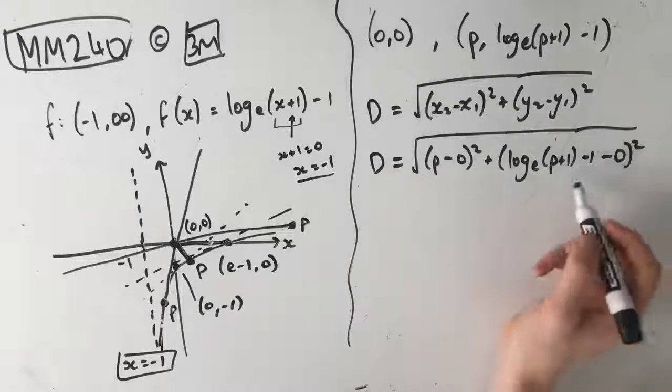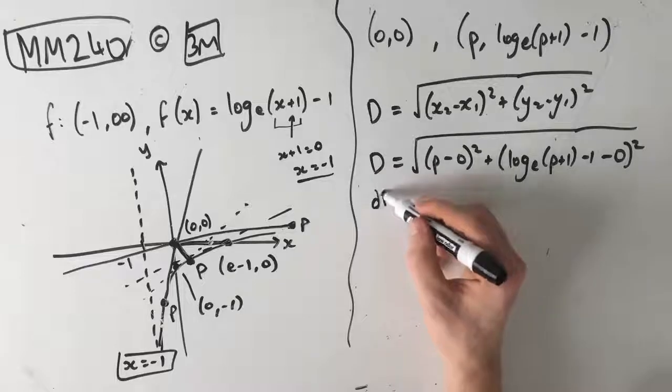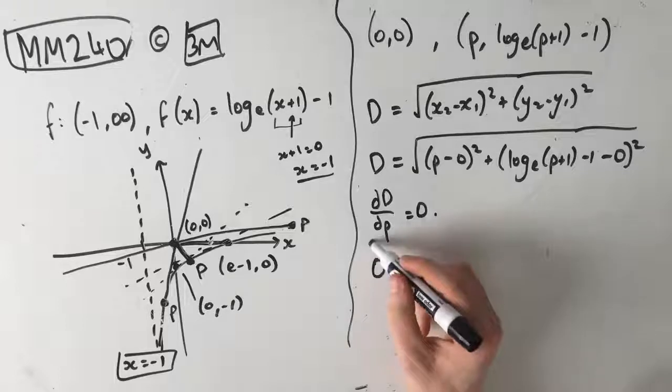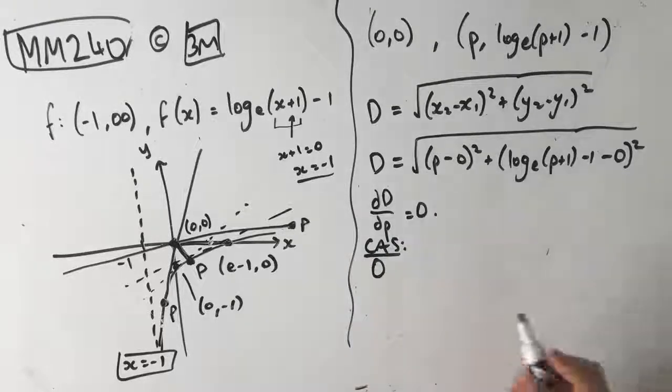So we know that this is our distance formula, and at the minimum, the derivative of d with respect to p is equal to 0, right? Which means, according to CAS, we do have a CAS here, so we can use this.